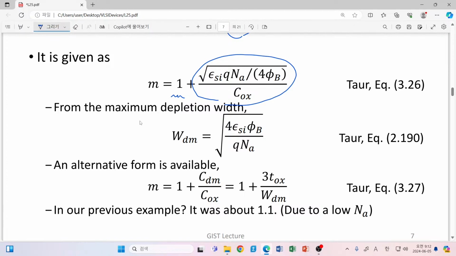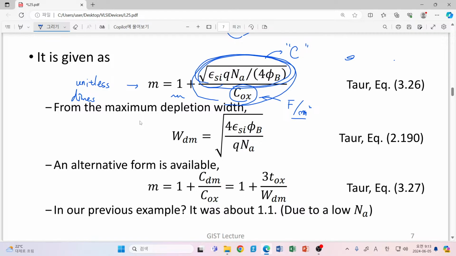So here you have a C ox, and this is a unitless or dimensionless quantity. It means that this upper part is also corresponding to certain capacitance per unit area, because this lower part is corresponding to the oxide capacitance, and it has the unit of farad per square centimeter, so it will have the same dimension.